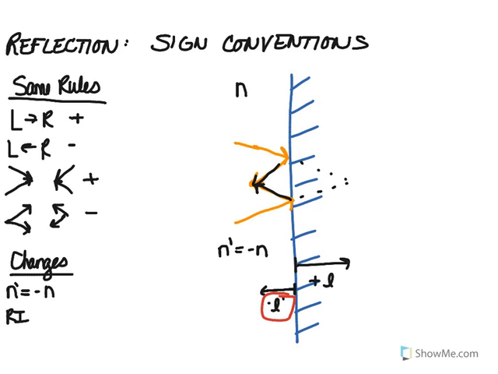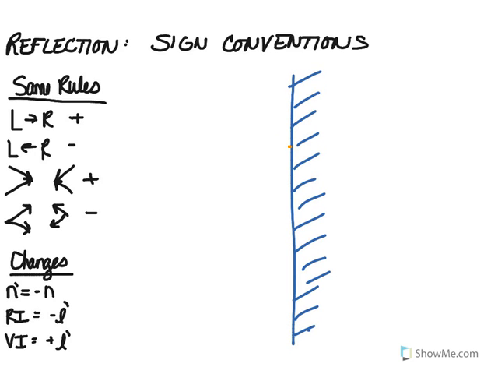But in the case of reflection, a real image is in real space on the left side, and so a real image is going to have a negative image distance, and a virtual image would have a positive image distance. So here, if we have a virtual image formed by diverging emergent light, the image is going to be located in virtual space, and your L prime, your image distance, would be a positive distance.